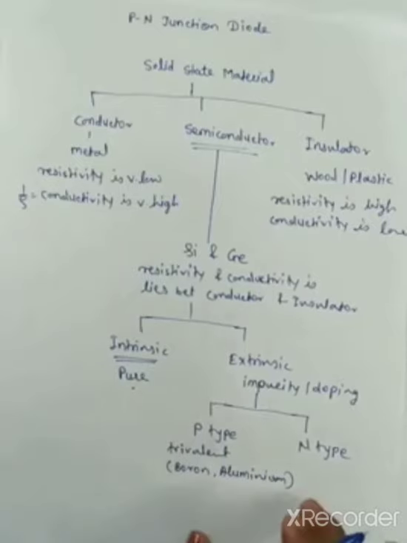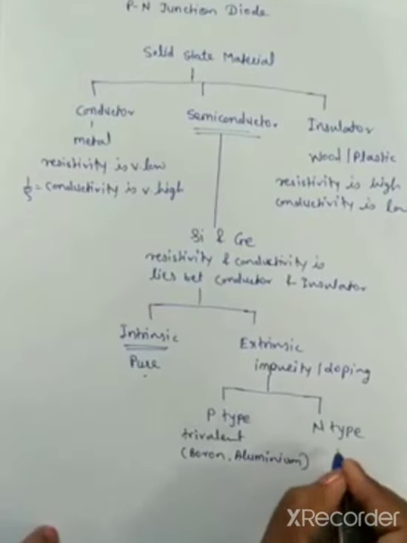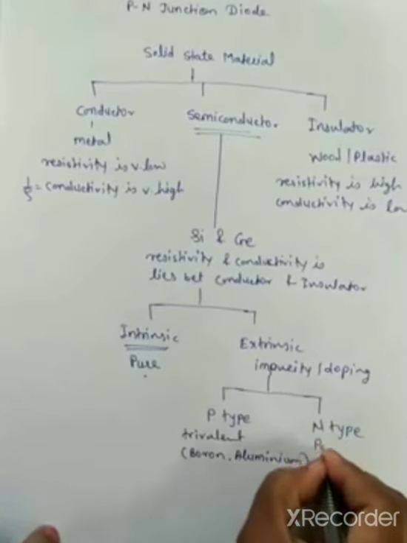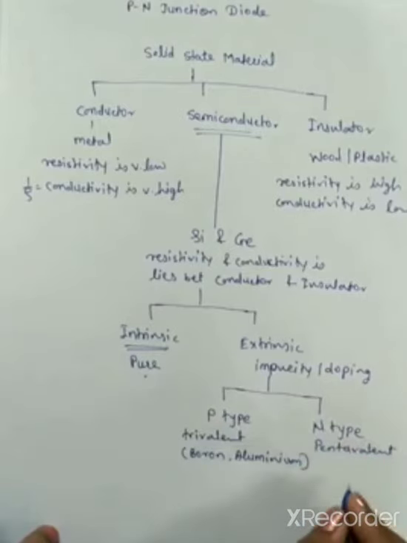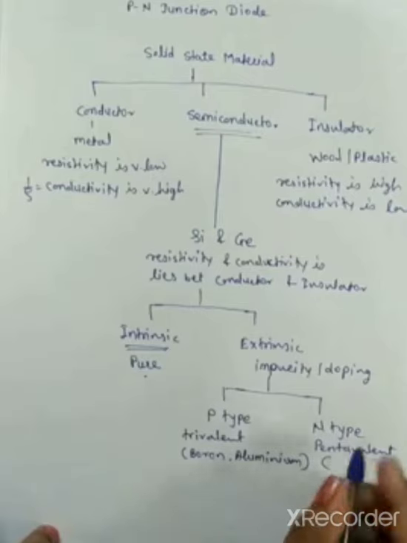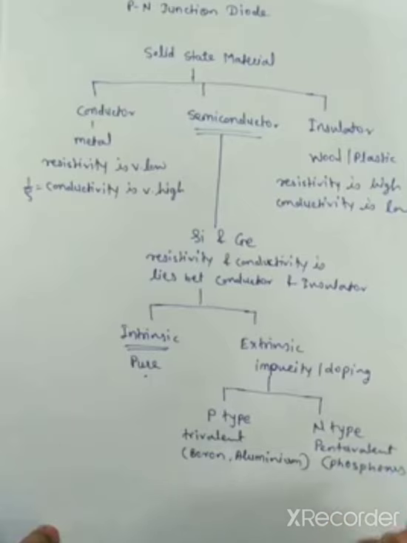semiconductor. And N type semiconductor: if we add pentavalent impurity, for example pentavalent phosphorus or arsenic, if we add such a pentavalent impurity in silicon or germanium crystal, then it will create an N type semiconductor.